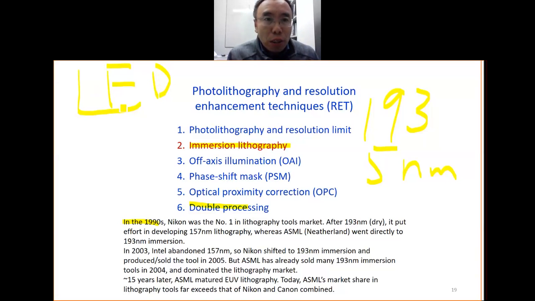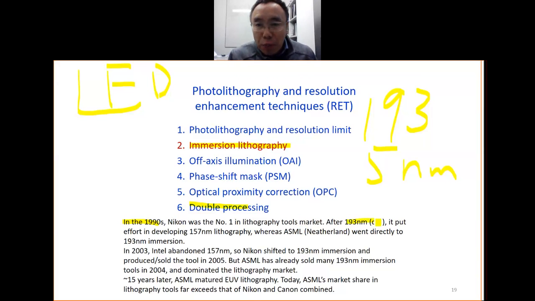So they all bought the Nikon lithography systems that were made in the 1990s and abandoned, no longer used for IC manufacturing. They are second-hand equipment used for those applications. So Nikon really dominated the lithography tool market in the 1990s.